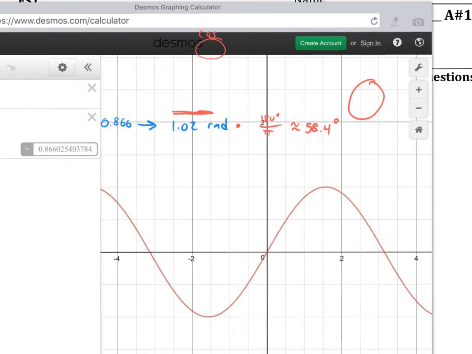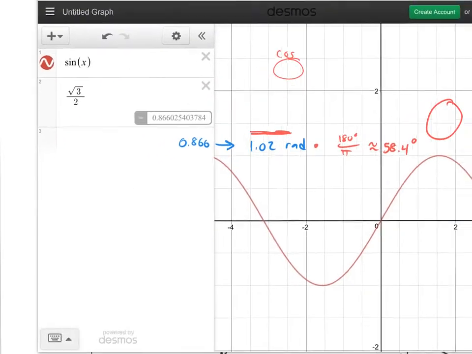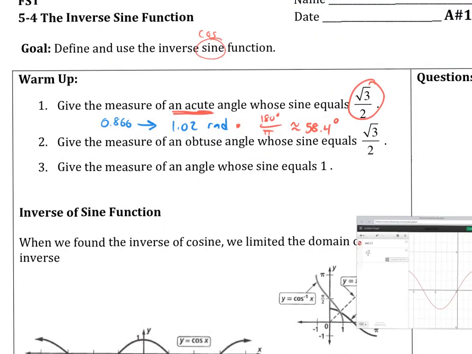So once I do that, 0.866 puts me here, which gives me a 2.11-ish. 866, that's the closest, 2.09. So 2.09 radians. And I'll do the exact same thing, multiplied by 180 divided by pi.